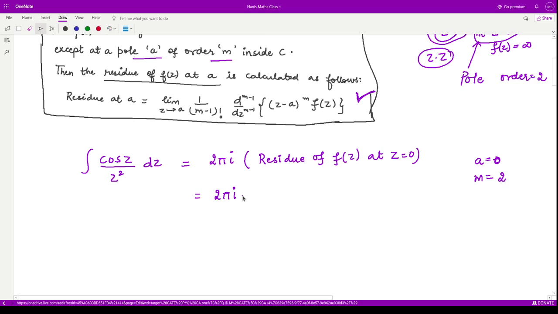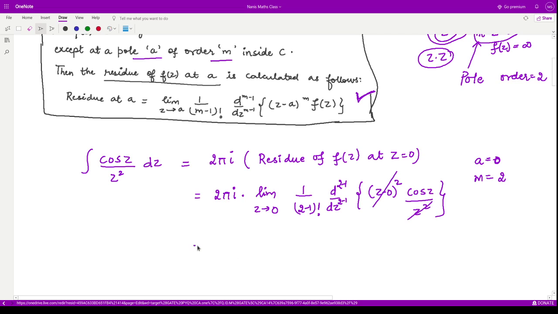Accordingly we would have limit z goes to 0, m is 2, so we have 2 minus 1 factorial, and then the 2 minus 1th derivative with respect to z of the function z minus 0 raised to power 2 times cos z divided by z square. From here this term cancels with this term.